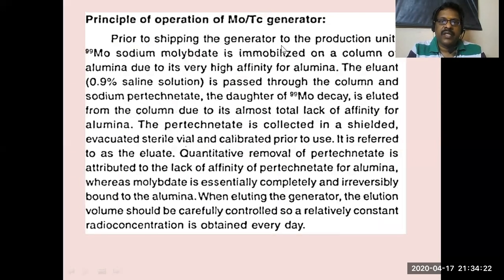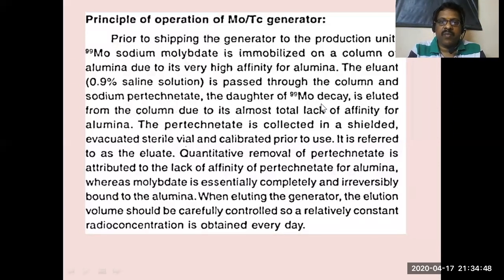Prior to shipping the generator to the production unit, we can do this wherever we want. So there only the generator will be shifted. Molybdenum-99 in the form of sodium molybdate is immobilized on a column of alumina due to its very high affinity for alumina. So before shifting the generator, we have to load this sodium molybdate.